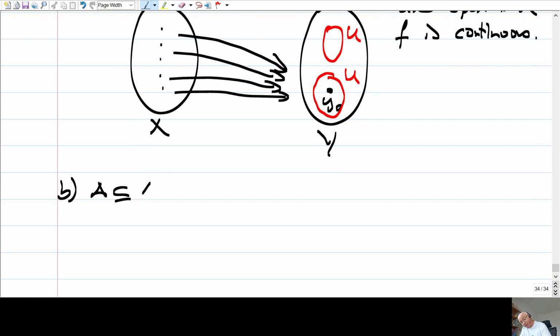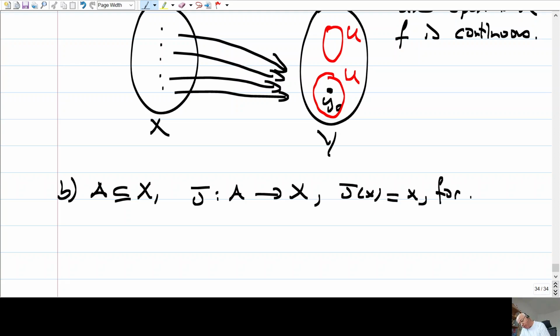So A is a subspace of X, and we define a map from A into X, so that J of x is equal to x for all x in A. Now I want to show that this map is continuous.